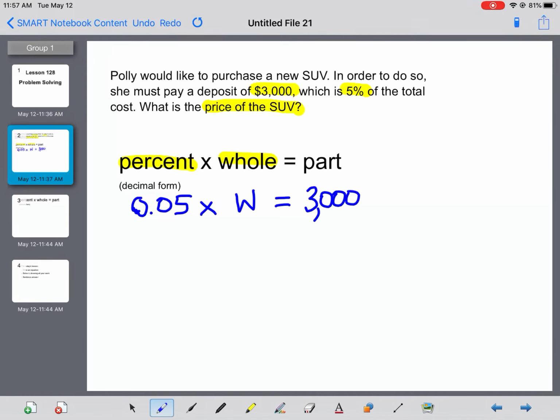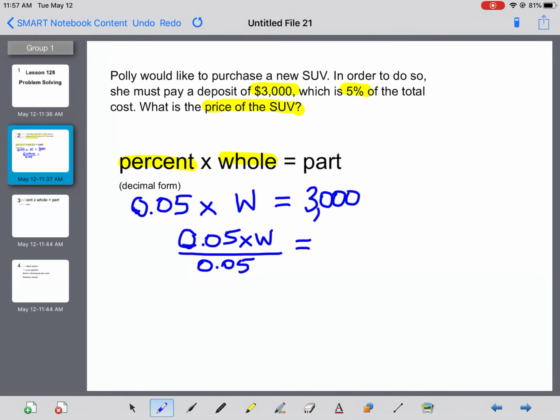We're using algebra again, so think to yourself, what is happening to that W? It's being multiplied by 0.05. So in order to get that by itself, we take our 0.05 times W and we divide it by 0.05.